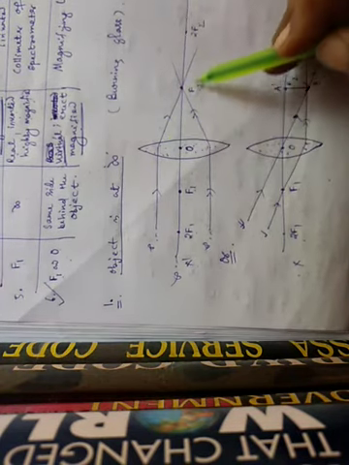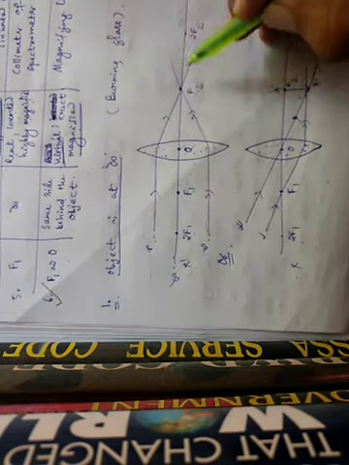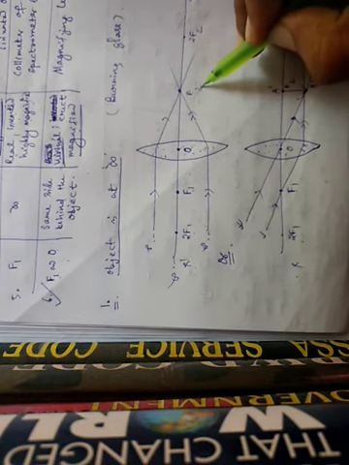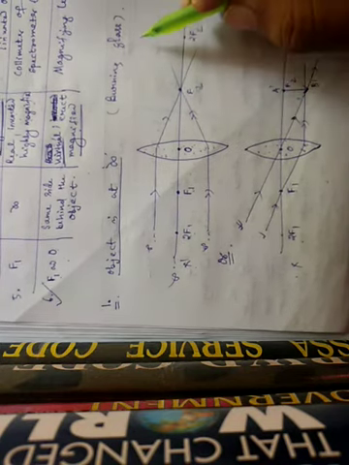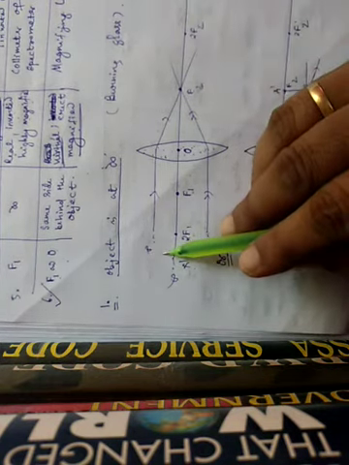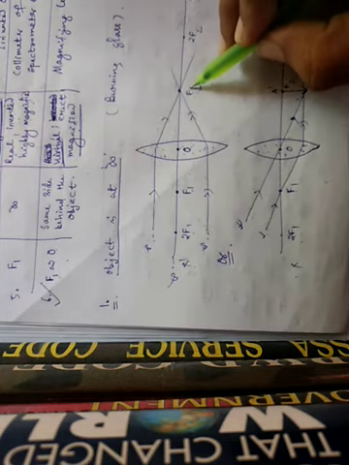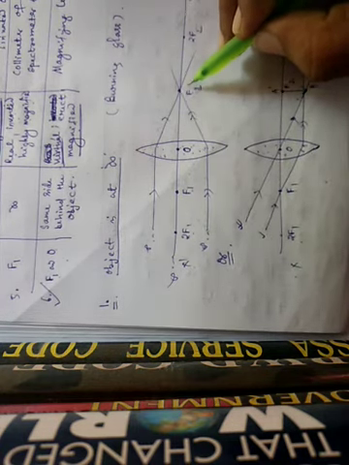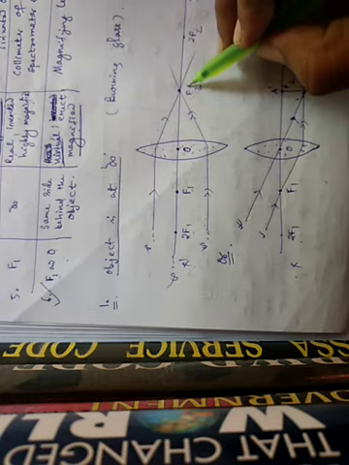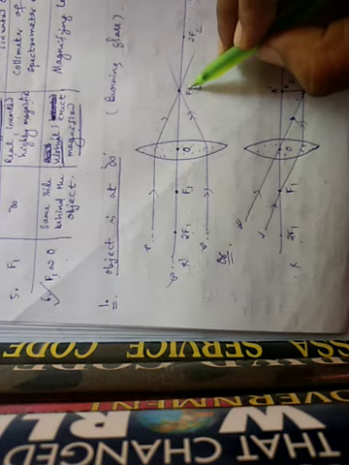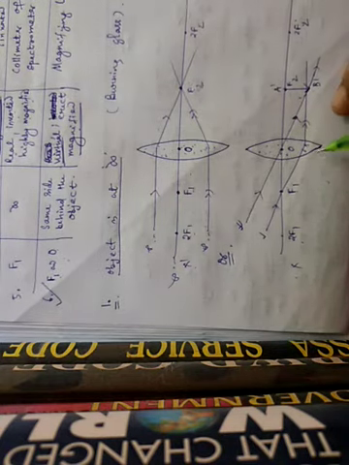So you draw the diagram, draw the refracted rays, and then put the symbol F2 here. Then you can explain that if your object is at infinity, then the image is at the second focus, and the image nature is real. The image is inverted, but you cannot show how the inverted image is formed, and it is highly diminished.